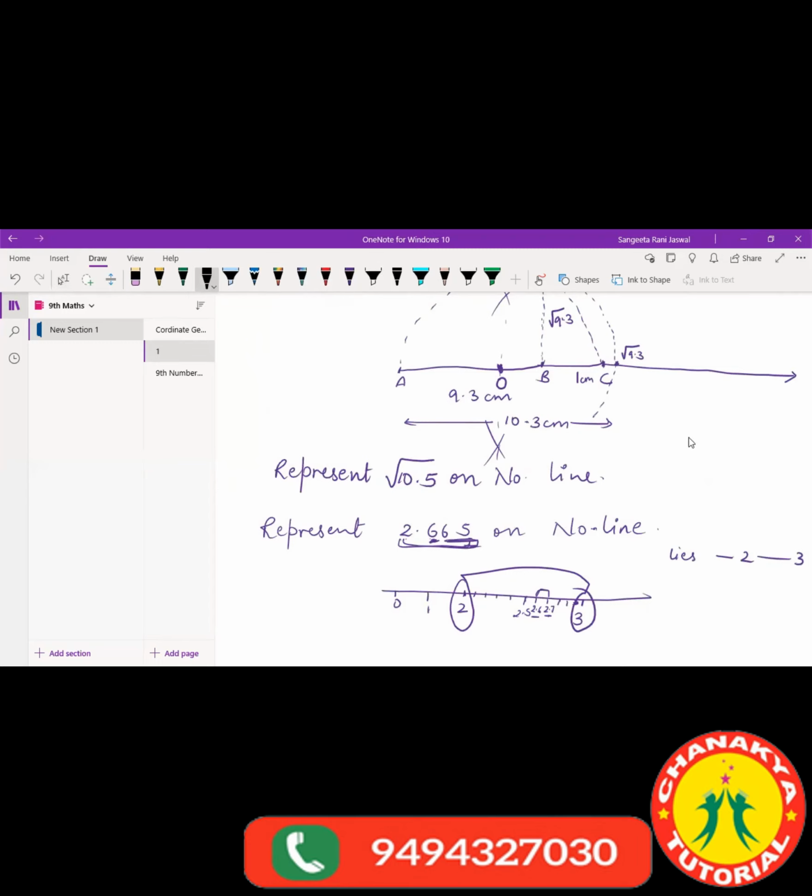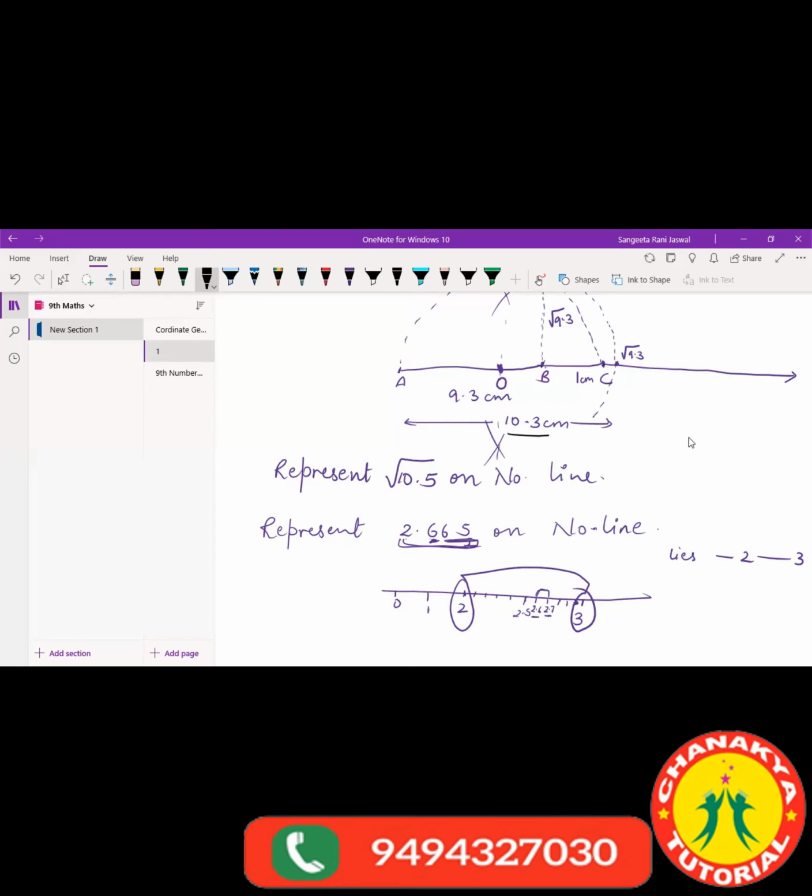First, to make 9.3, whatever number it is, not only 9.3, this was just an example taken from your book. See, you make a length of 9.3 centimeter first, A to B, then extend it by 1 unit. Now your complete length is 10.3, right?